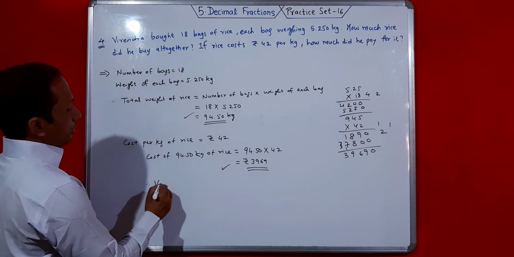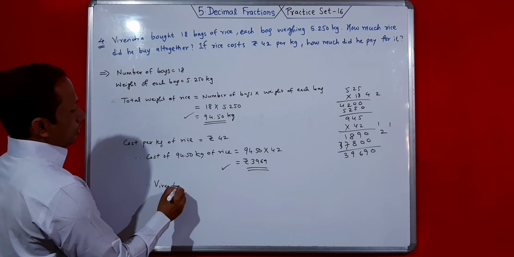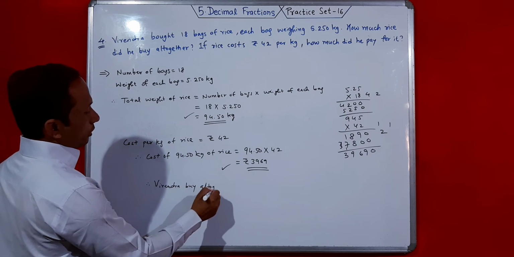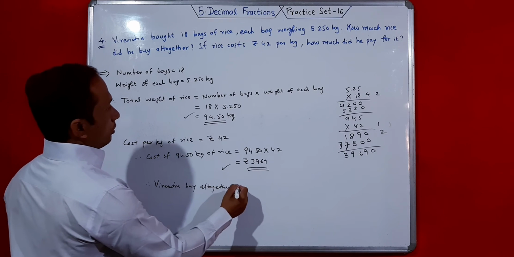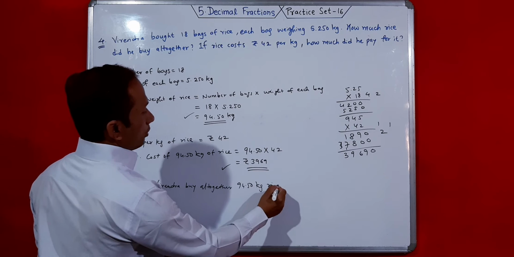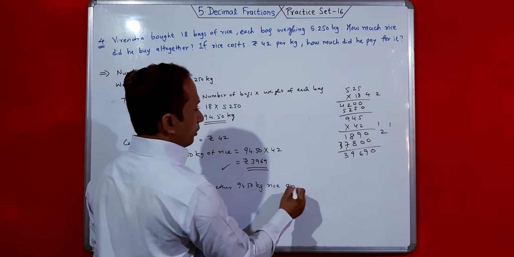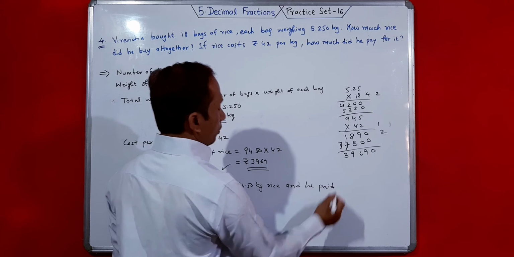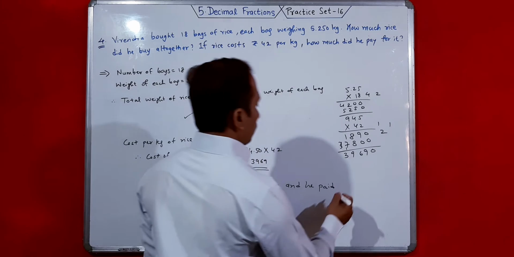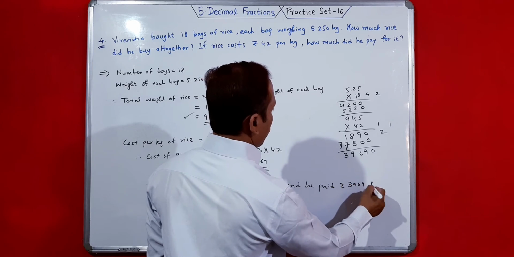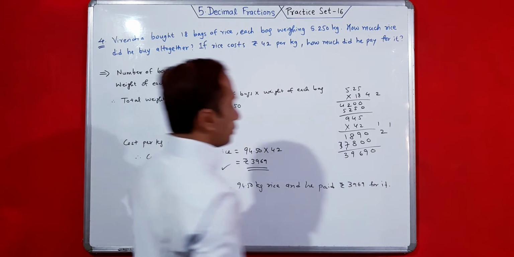So Virendra bought altogether 94.50 kg rice, and he paid rupees 3969 for it. So this is the last.